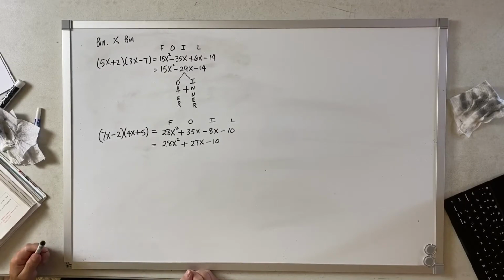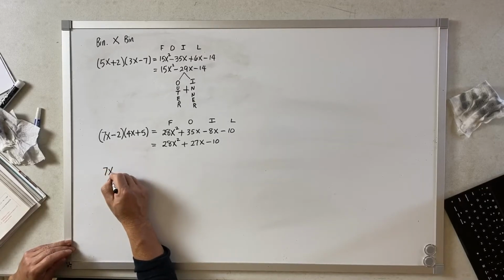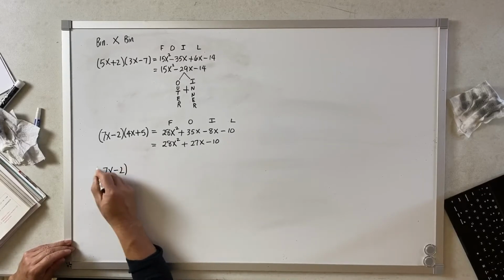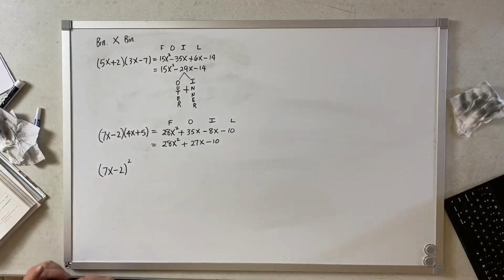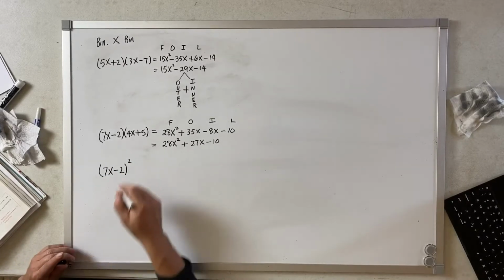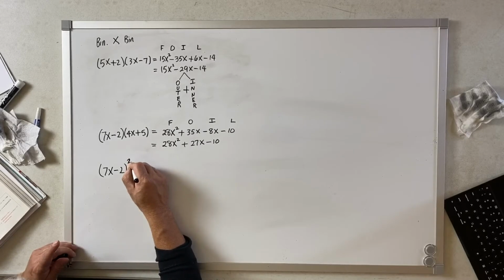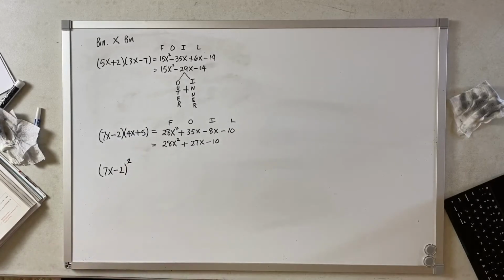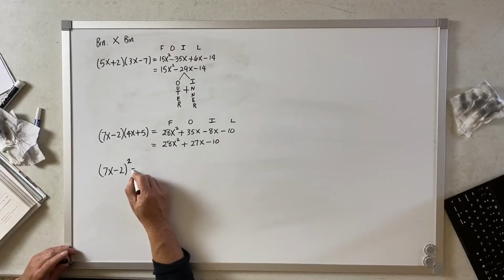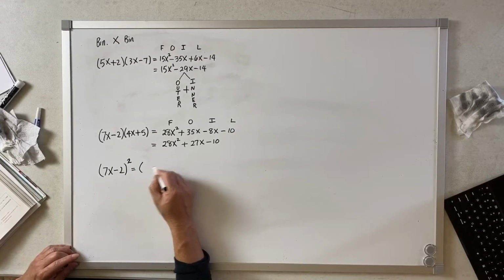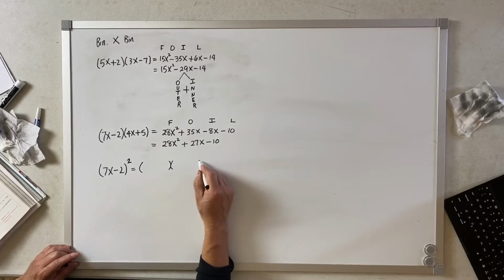Now, sometimes we have the following. We have 7x minus 2 raised to the second power. Whenever you have this, guys, my suggestion is write it out twice.